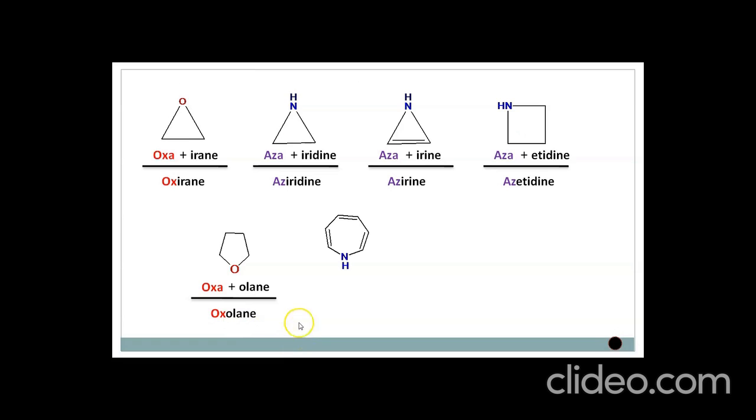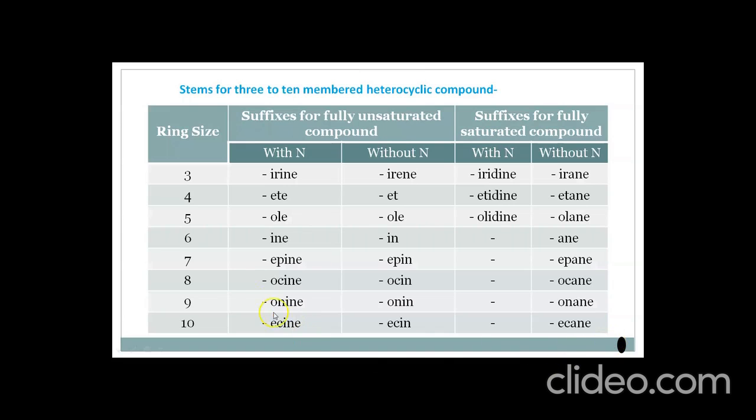Next, here we count 1, 2, 3, 4, 5, 6, 7. Ring size is 7 and it is unsaturated with nitrogen. For nitrogen heteroatom, put the prefix aza. Now here the ring size is 7 and it is unsaturated with nitrogen. So we use the stem epine.